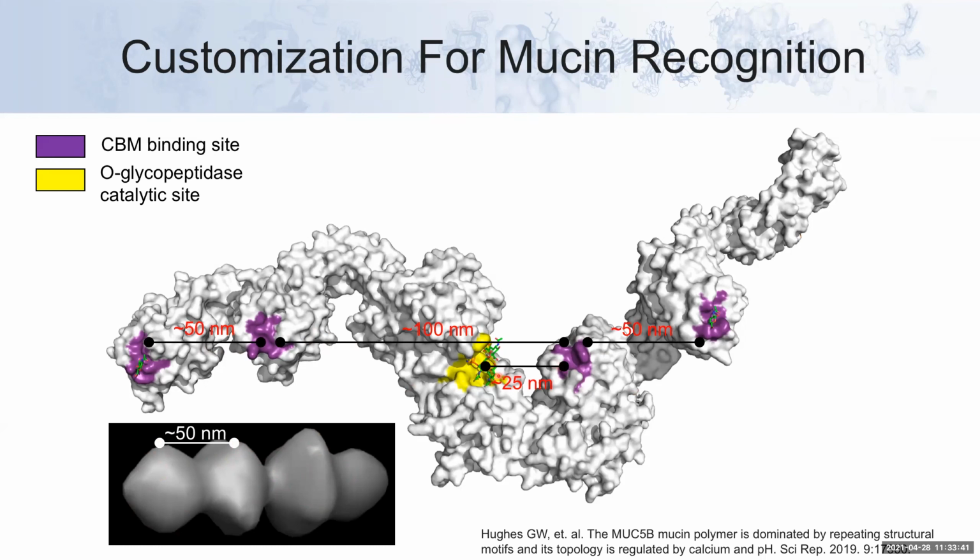The catalytic site is on a fraction of that 50, which would place the catalytic activity in between these domains. So it's a really tantalizing picture about how this really large, architecturally complex protein is customized to degrade mucin.